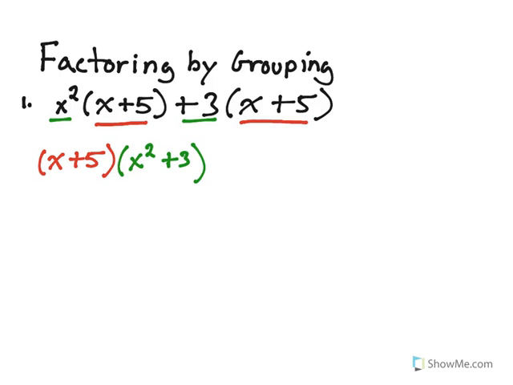Basically what happens is if I FOIL this out, I will get my original polynomial back, okay? So this would be the answer. It's already been partially factored, so when it's presented like this, we go ahead and factor out the GCF, and then whatever is in front of the parentheses is put in its own set.